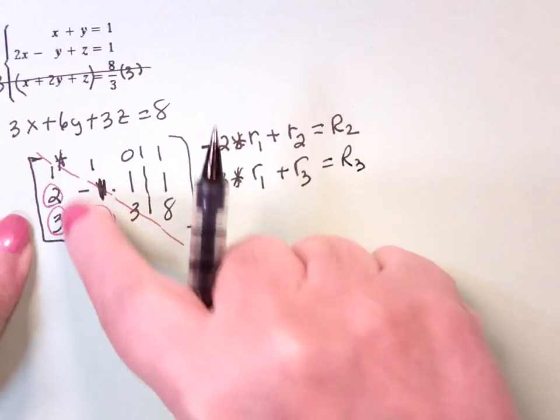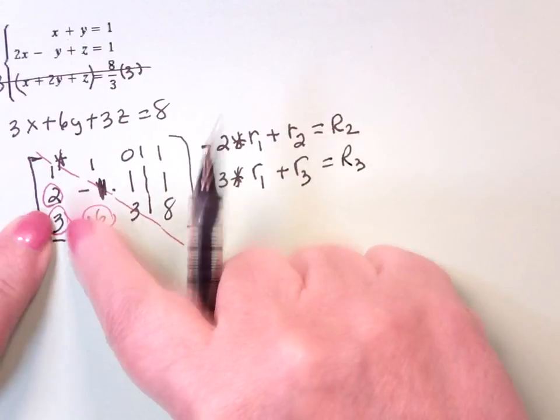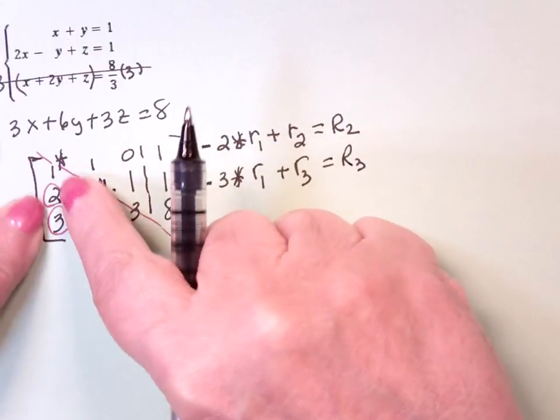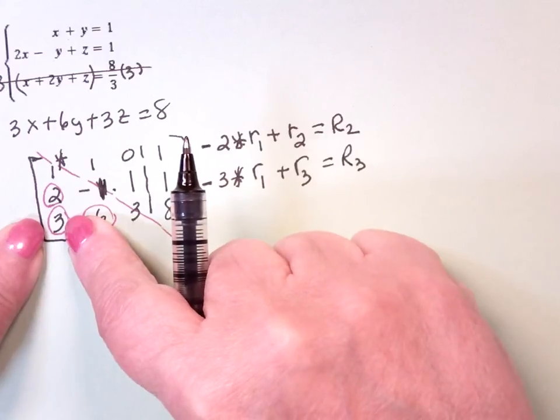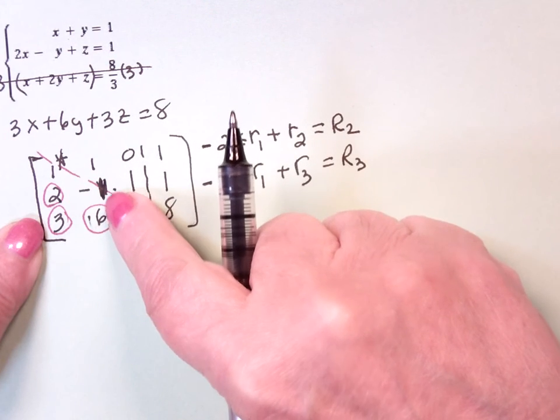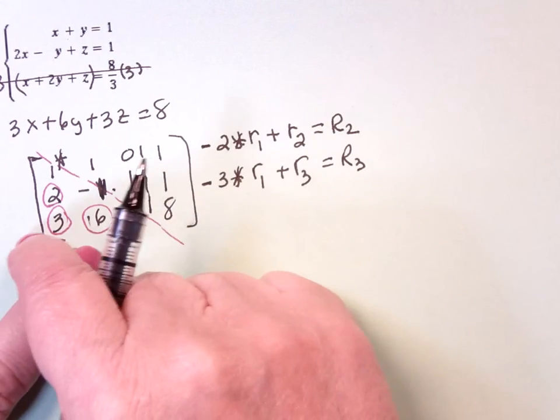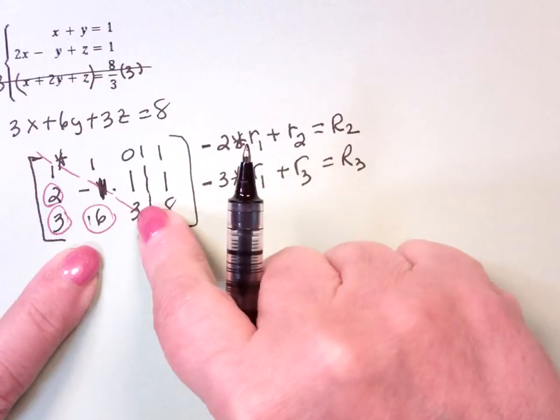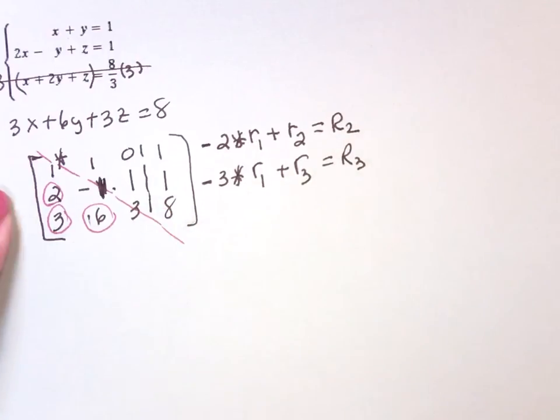That puts zeros in these 2 positions. I use row 1 to clear column 1. I'll use row 2 to clear column 2. I'd use row 3 to clear column 3.